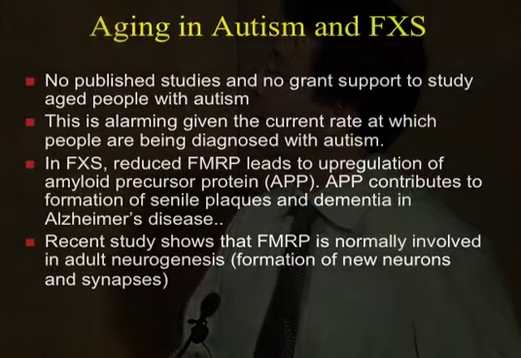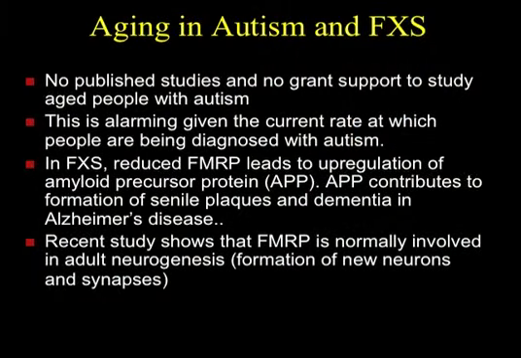There have been no published studies and no grant support to study aging people with autism. NIH, that I could find in their database, has never funded a study of elderly people with autism, and there's no published information at all in the literature that we could find. I think we talked about this.